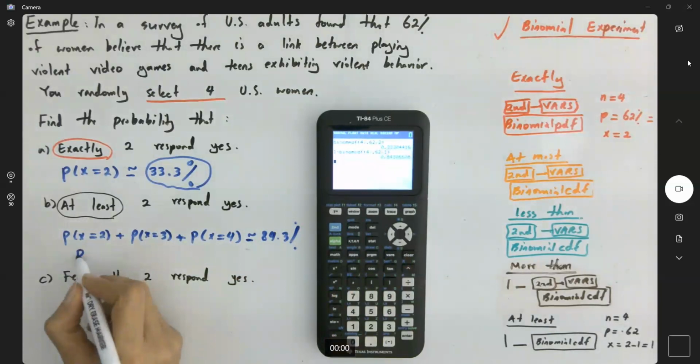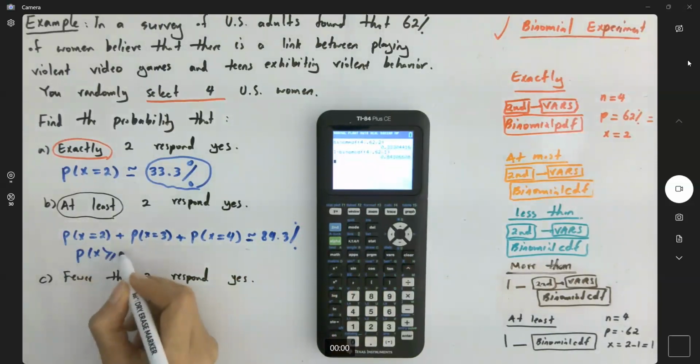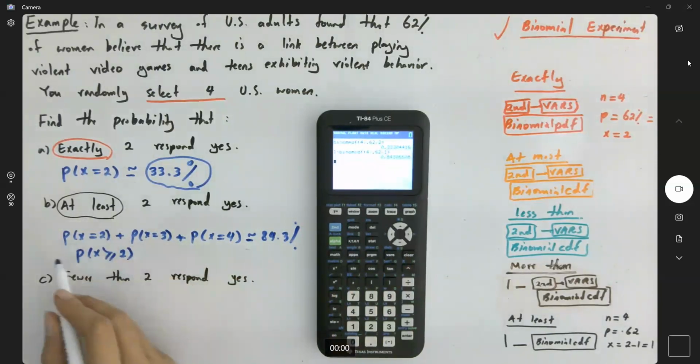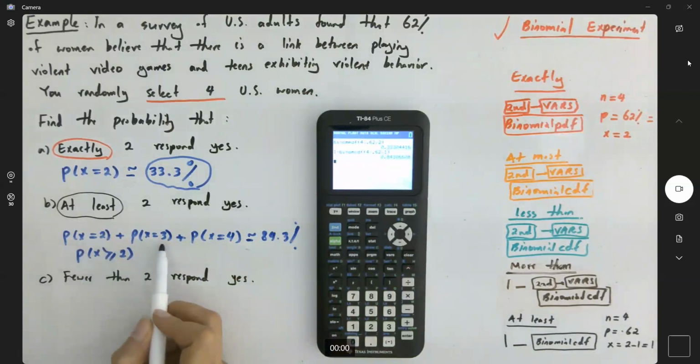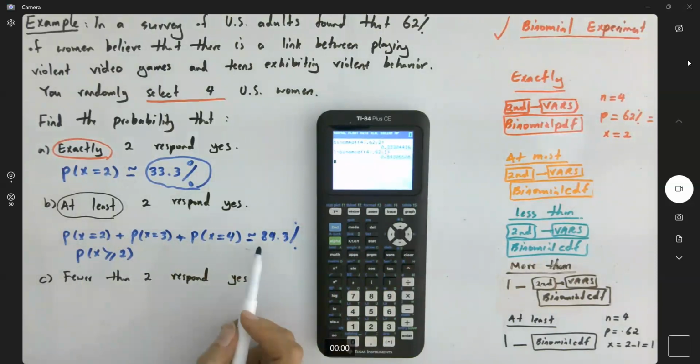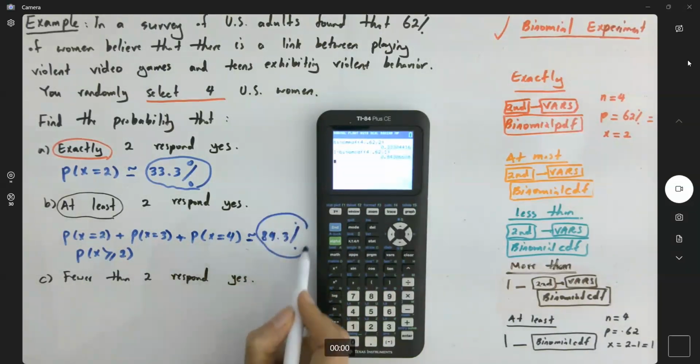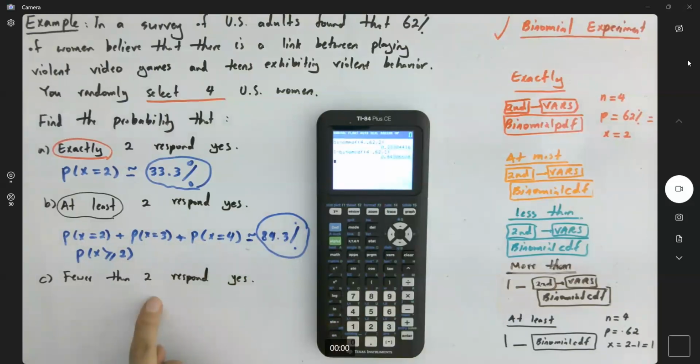This is the probability that x is larger than or equal to 2. The meaning of that is the probability x is 2 plus the probability x is 3 plus the probability x is 4, which is approximately 84.3%. And finally, fewer than 2.